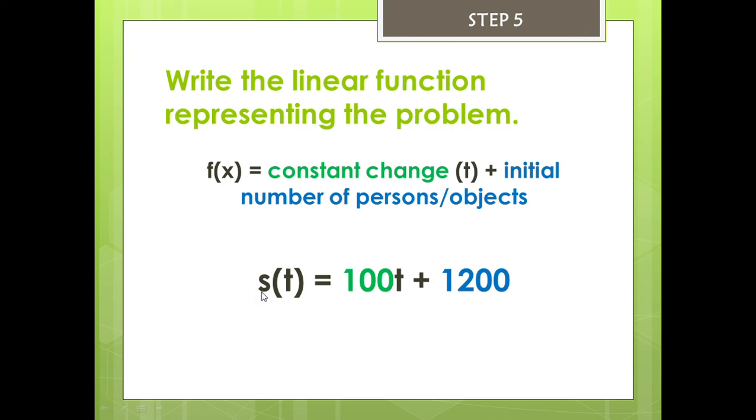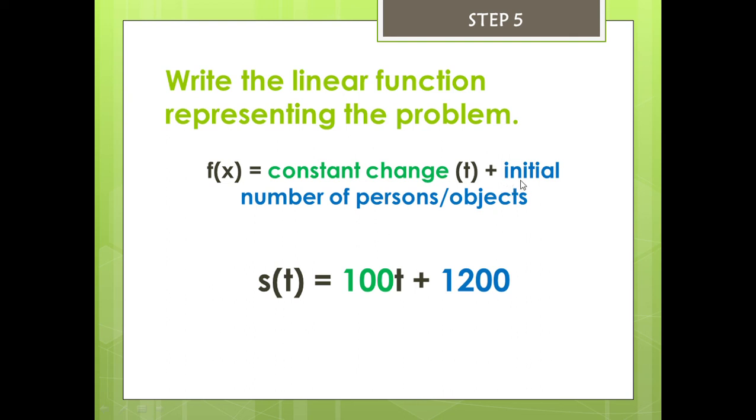Ang ibig sabihin yan, ilang number of students ang meron sa certain time na given. So, is equal to, our constant change is 100. Ito yung na-compute natin kanina. Followed by variable t or kung ano mang time meron. Then plus, and then initial number of objects or persons.